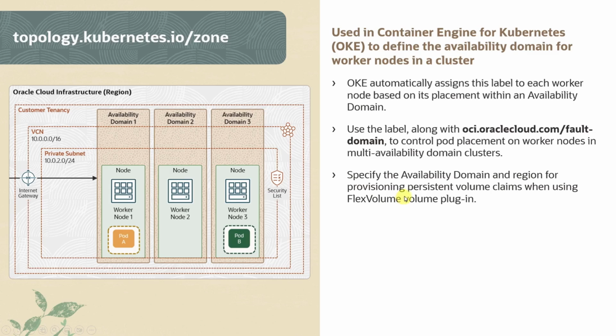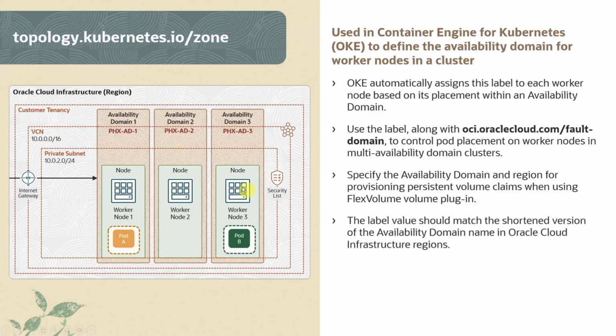Specify the availability domain and region for provisioning persistent volume claims when using the Flex Volume plugin. This ensures proper alignment with your storage requirements. When assigning a value to the topology.kubernetes.io/zone label, it is essential to use the correct shortened version of the availability domain in the Oracle Cloud Infrastructure regions.